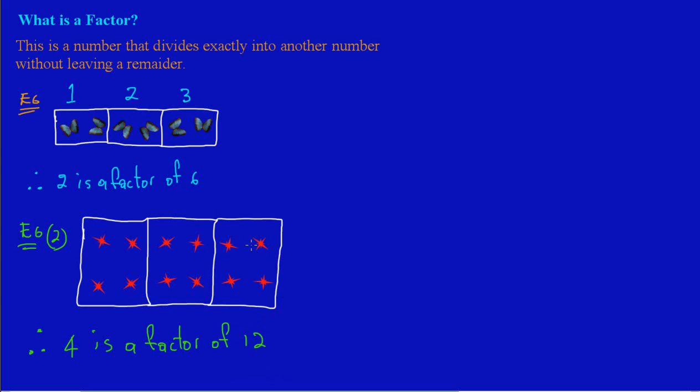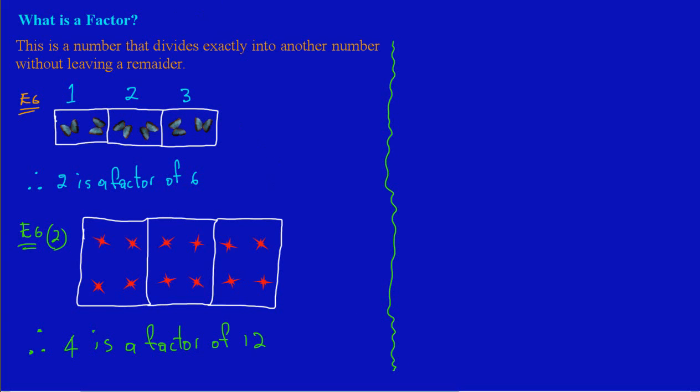So that's what a factor means. It means that the number should divide exactly into another number without leaving a remainder. Now that we know what a factor is, let's look at an example where a number is not a factor.